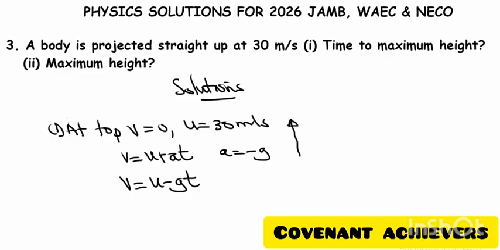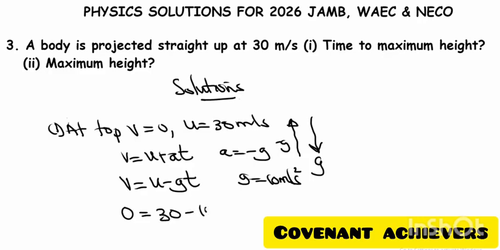Gravity is acting downward, so this is minus g. This is the equation we are going to apply. Our g can be taken as 10 meters per second square, a constant. So 0 is equal to 30 minus 10 times t, that means 0 equals 30 minus 10t.